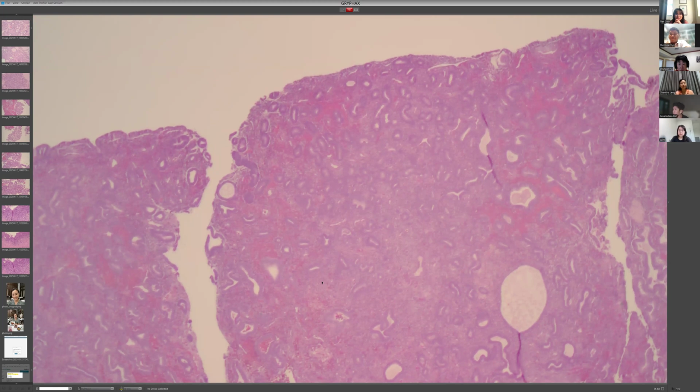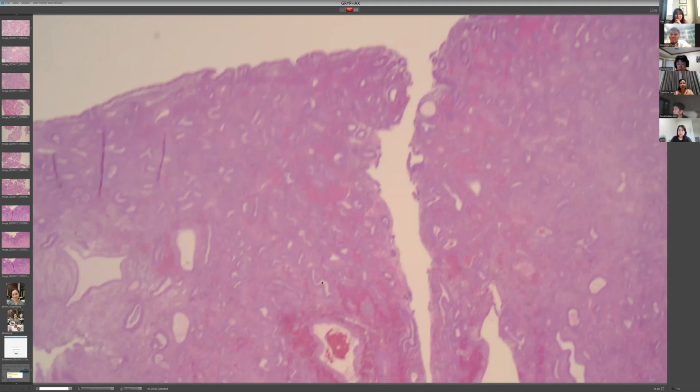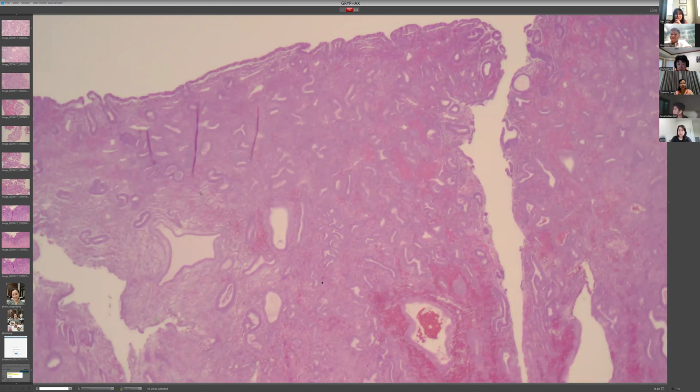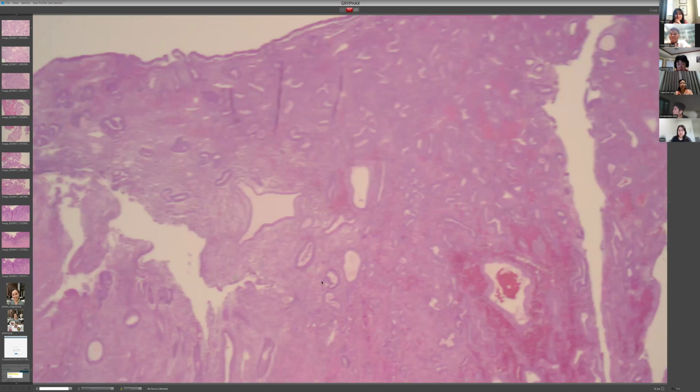When we're examining endometrium, we want to rule out cancer or precancerous lesions. Most common is endometrioid type, and the precursor lesion is hyperplasia, an increase in the number of glands.